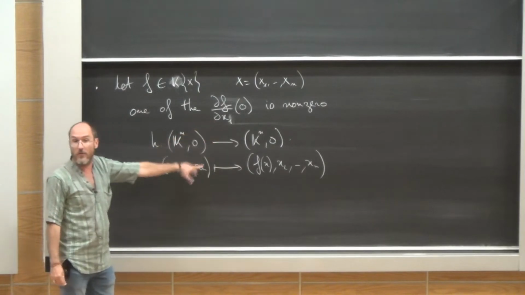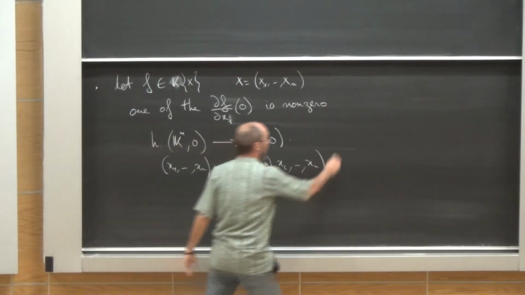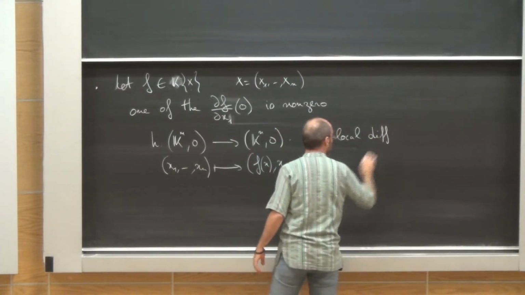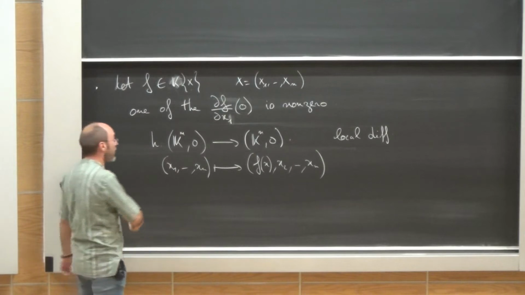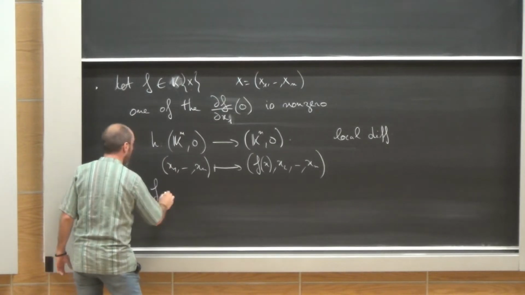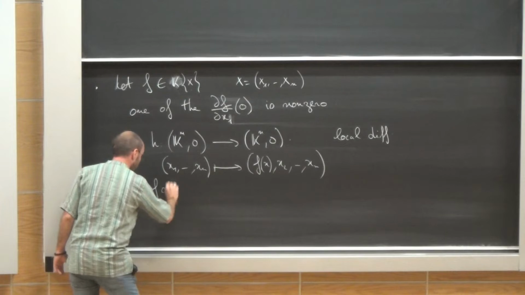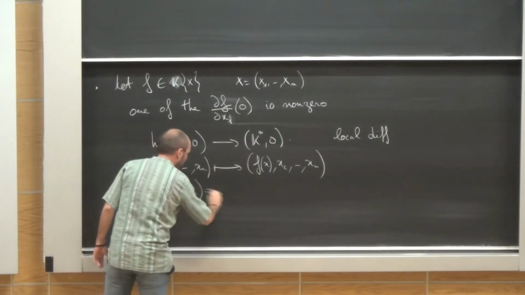Because this derivative is non-zero, this map is an analytic diffeomorphism. So h inverse is well defined. And if I look at f composed with h inverse of x, I will exactly obtain x1.